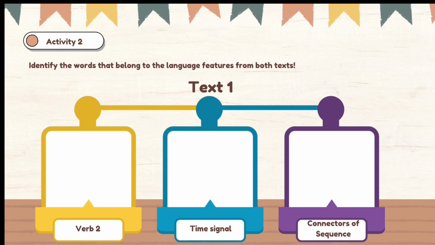For the second activity, you must identify the words that belong to the language features from both texts, like verbs, time signals, and connectors of sequence.